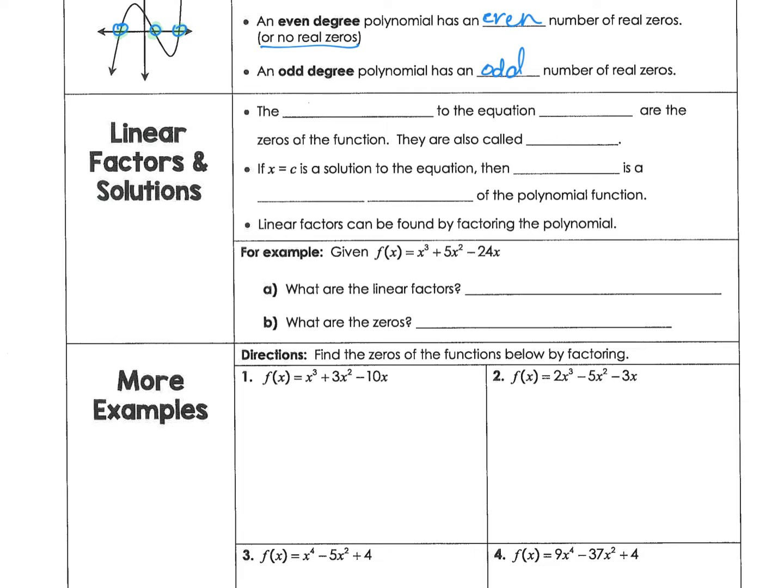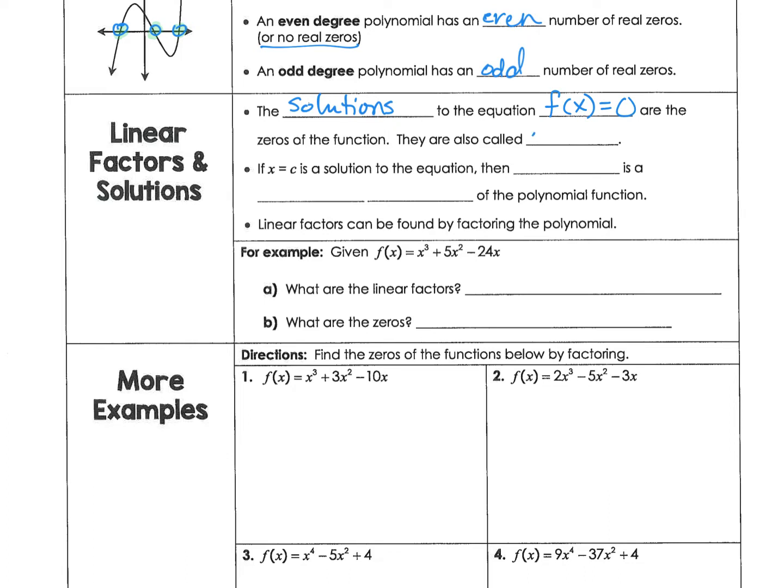That'd be your x minus 2 or your x plus 3, in parentheses, times something else equals 0. So we factor and set those factors equal to 0. The solutions to the equation, which we find by factoring and setting equal to 0, are the zeros of the function.